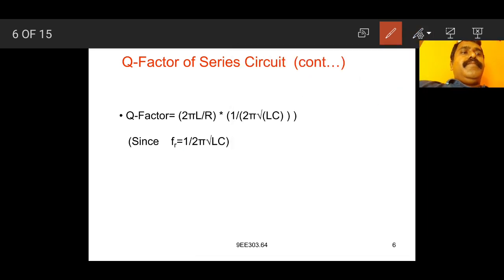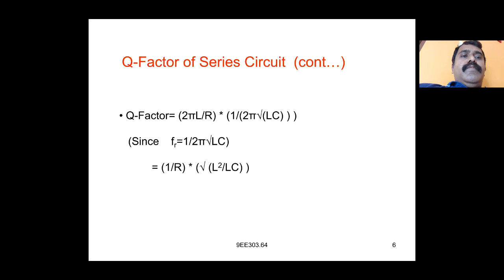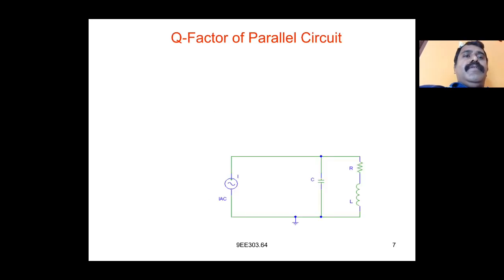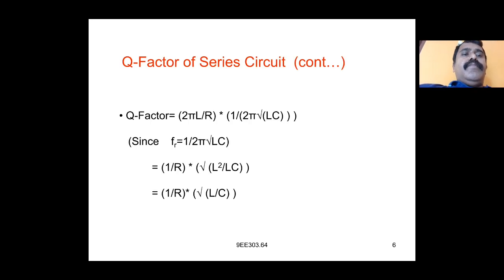That is 1 by R under root L square by LC, so that we get 1 by R under root L by C.